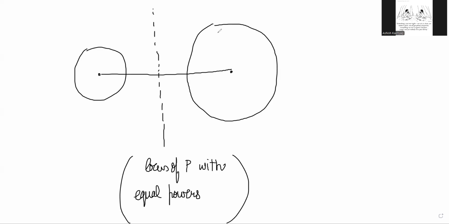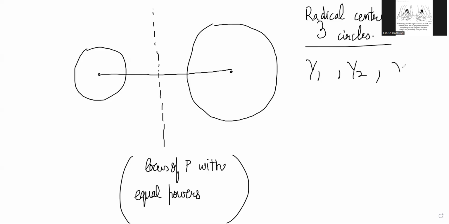To understand that, we need to introduce the concept of the radical center of three circles. Let's say we have three circles, λ1, λ2, λ3. In three circles, you can take three pairs, right?